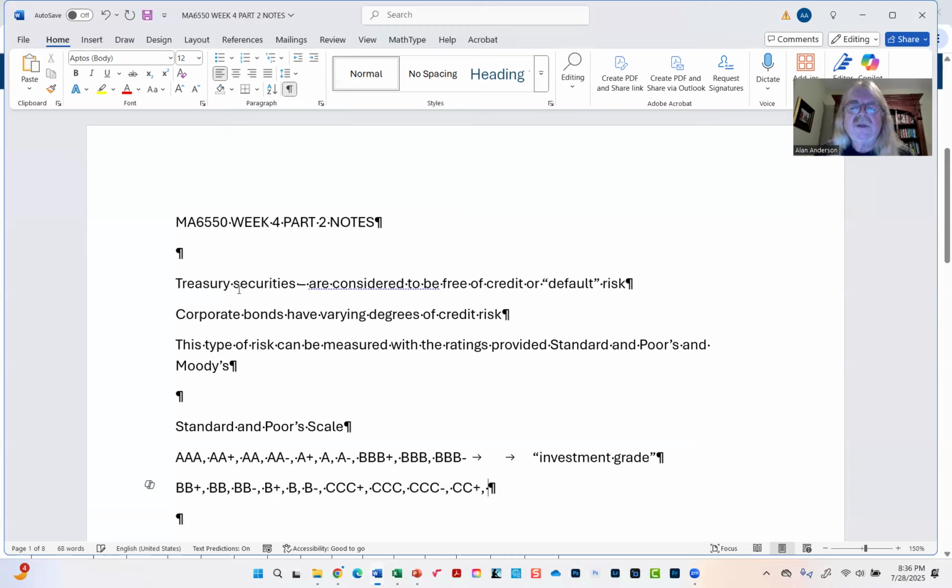And they do keep going. I think they go all the way down to D. C plus, C, C minus, and then I think they stop at E. Then after that, D means that you're already in default. Okay, so these are collectively known as speculative or junk bonds.